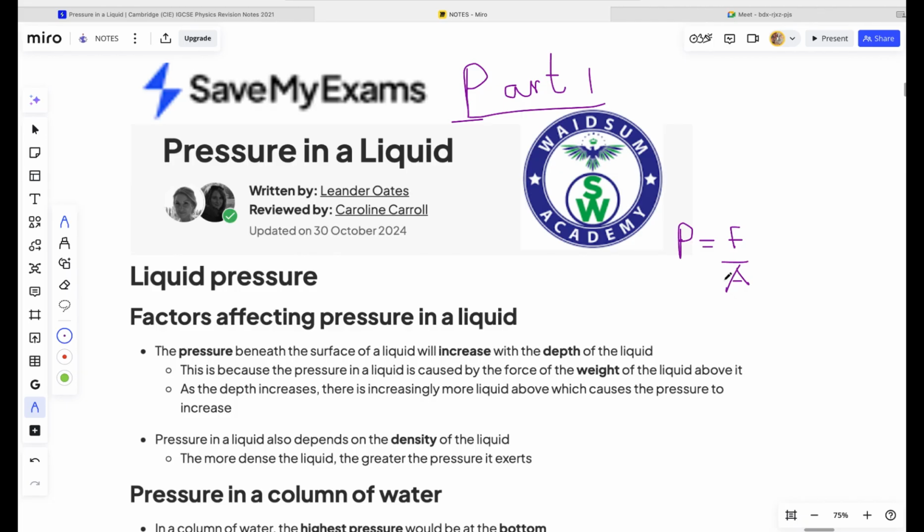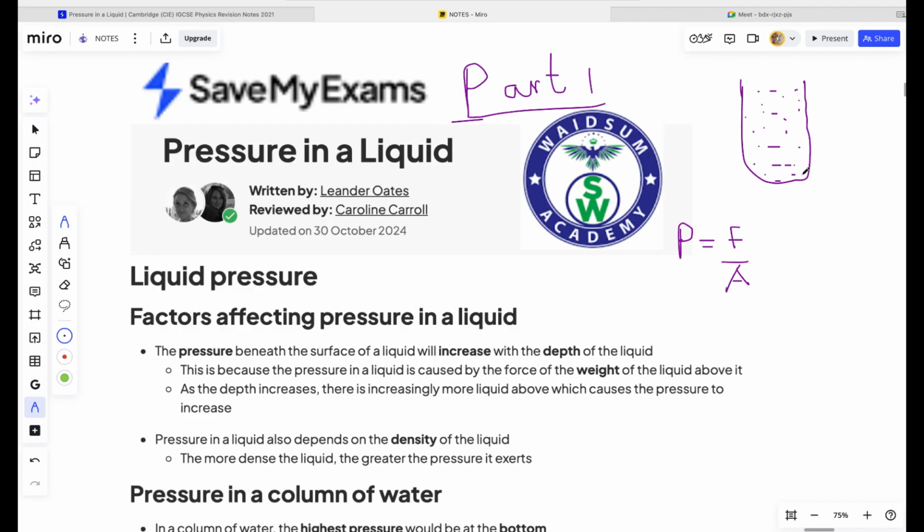So first of all, quickly, I want to link pressure in solid to pressure in liquid. You have a liquid container, you have water inside. Let's say these particles are particles of water. Now you see the water exerts pressure on the bottom of the container.